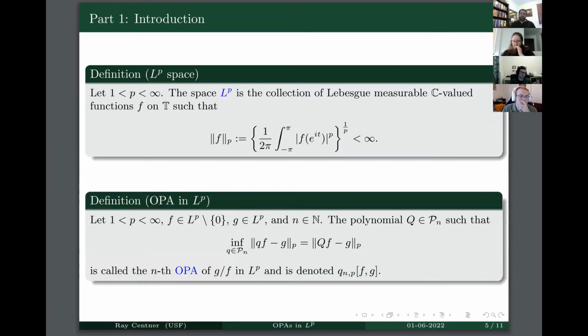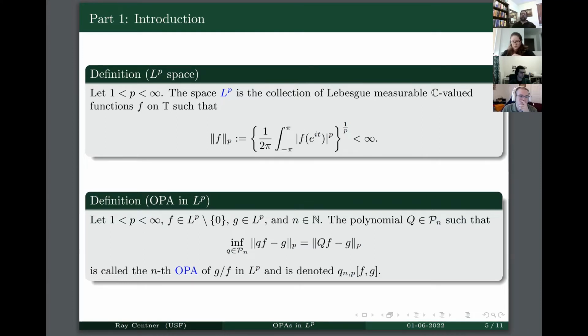Okay, so I'm considering this setting, but now what is the optimal polynomial approximant in this setting? Just like I did before, I'm fixing an arbitrary f, but also an arbitrary g in order to maintain generality, and some integer n. The polynomial q that minimizes this particular norm is called the nth OPA of g over f in LP. Existence of these polynomials is immediate because we're finding the distance from g to some finite dimensional subspace, the polynomials of degree at most n.